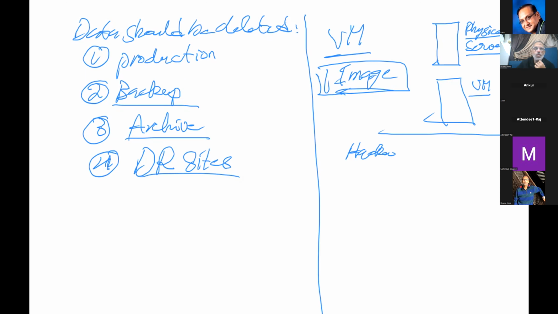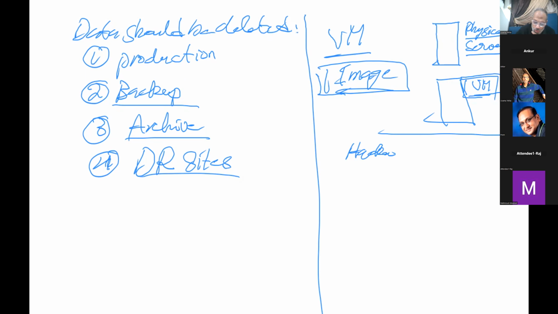Okay, it's a good answer, but I have one comment here. Regarding the VM, you are totally right, because the VM can be infected, not the machine itself, but the image itself. Even if the server is down, it can still be infected.